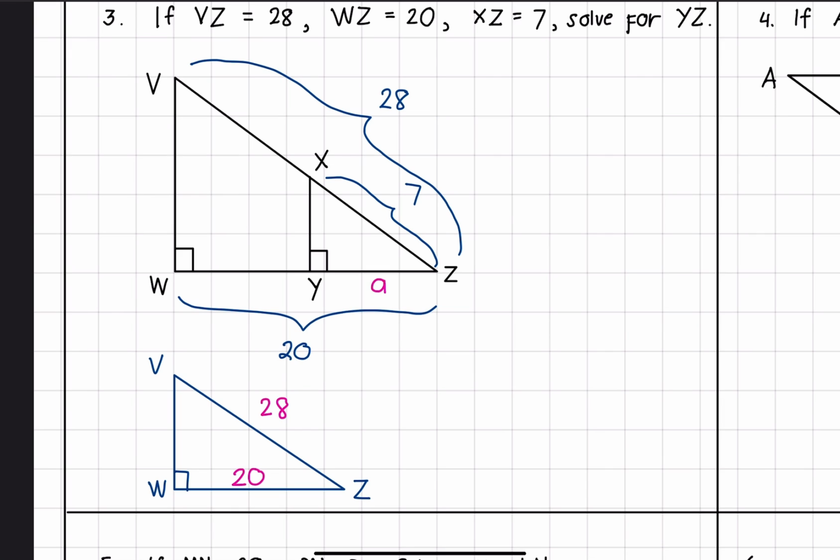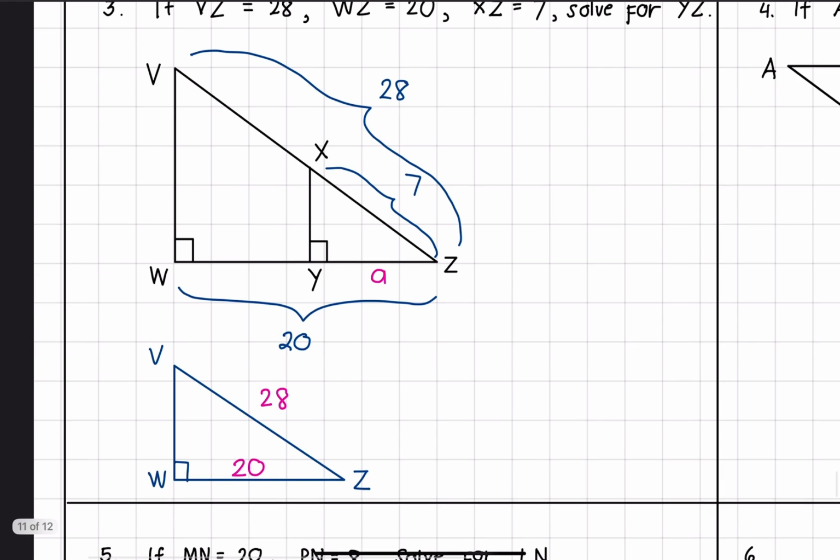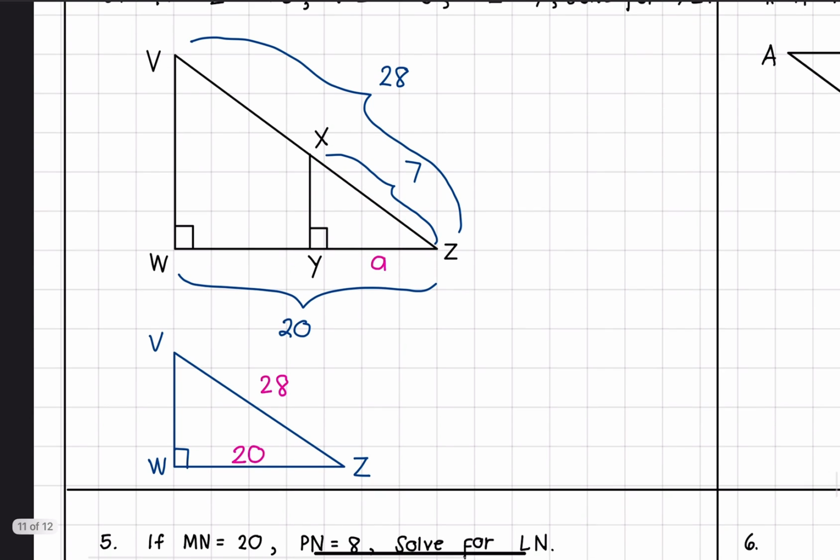That's the first triangle. Next triangle is the smaller triangle, which is triangle XYZ. Okay. So I'm going to draw triangle XYZ, wherein XZ measures 7.